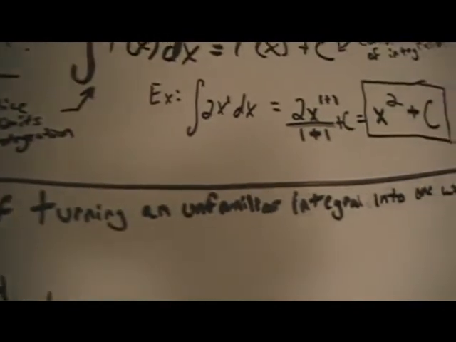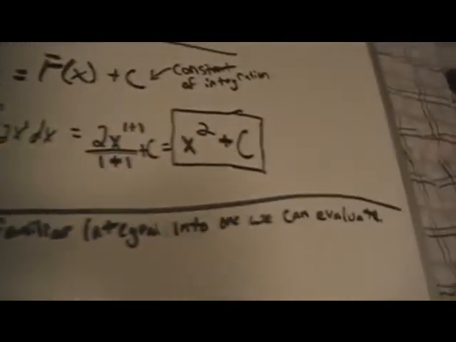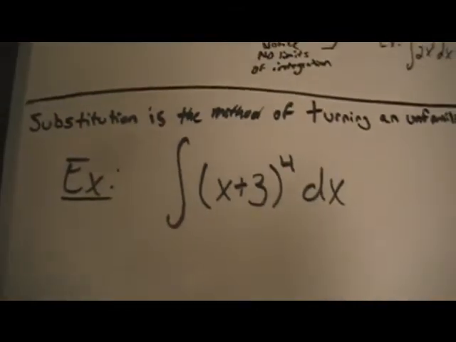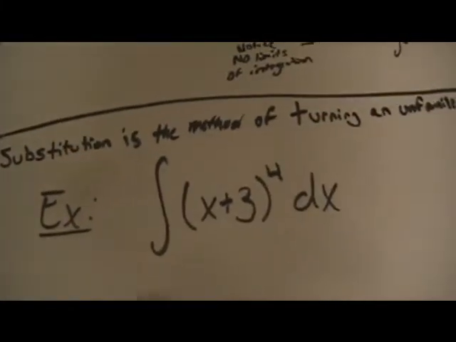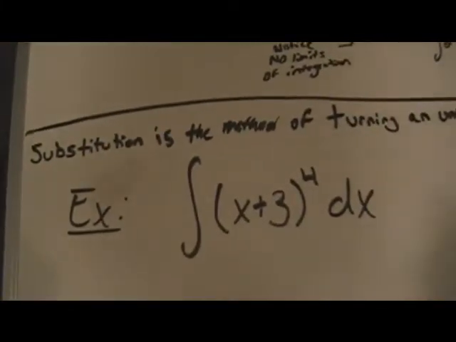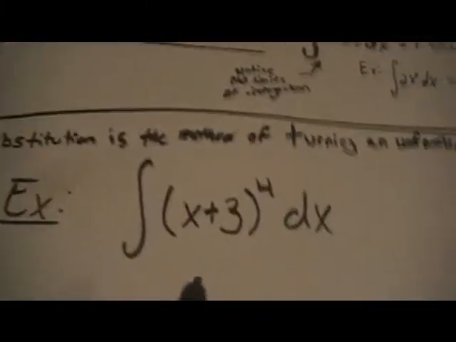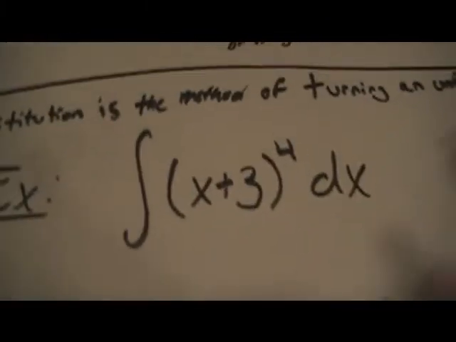Basically, substitution is the method of turning an unfamiliar integral into one we can evaluate. And the example I'll be doing to show this is as follows. The first thing you want to do is substitute. Of course, it's the name of the method.